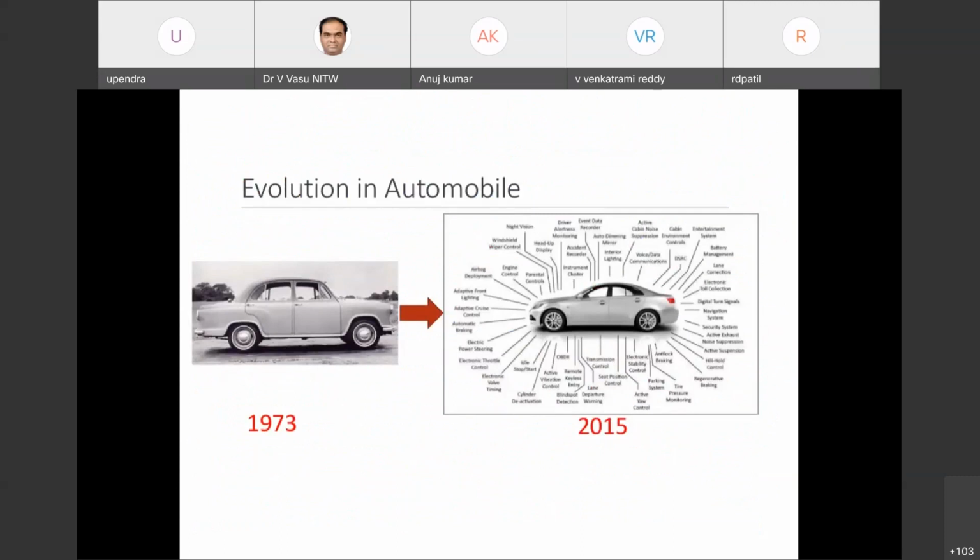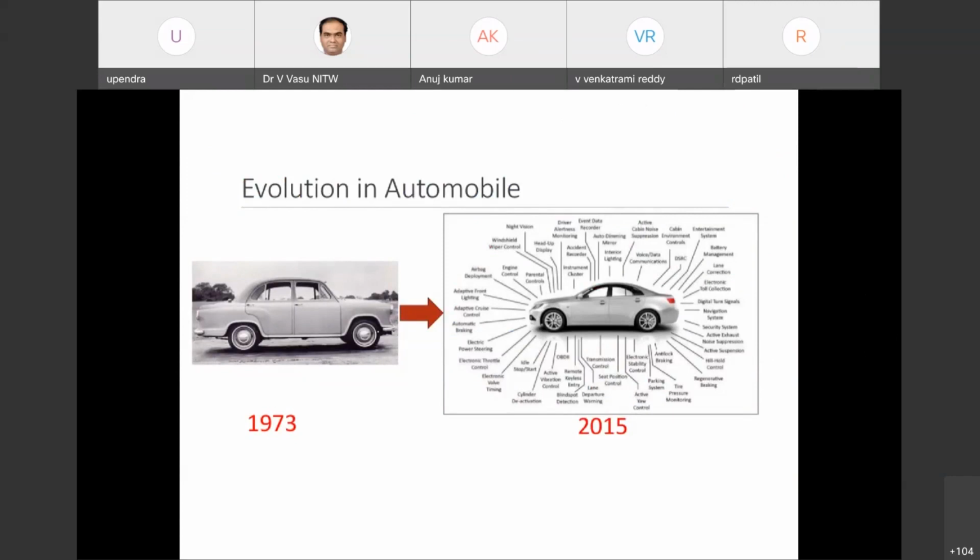Now I will give you a small glance at the evolution of the different sensors which we can use in the automobile industry.